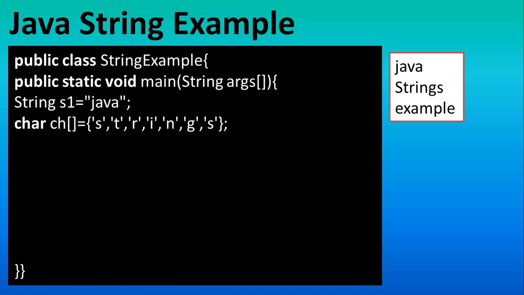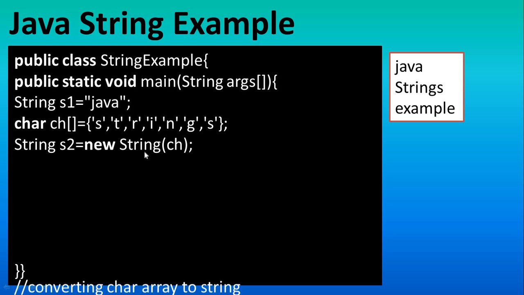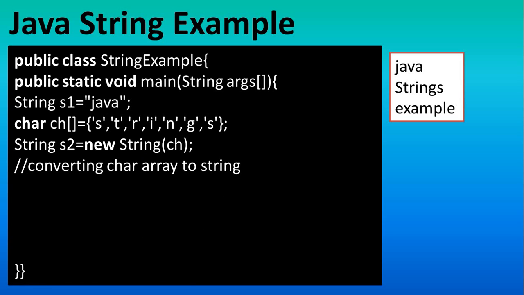The second way is to use the character array, because I would like to show the strings value, and simply you pass that ch variable to the String class object, and this is converting the character array into a string, because this is a character array, more than one character, and we are converting it into one particular string. Next one is the string object name equals new String which has the value example, because my third string is example.